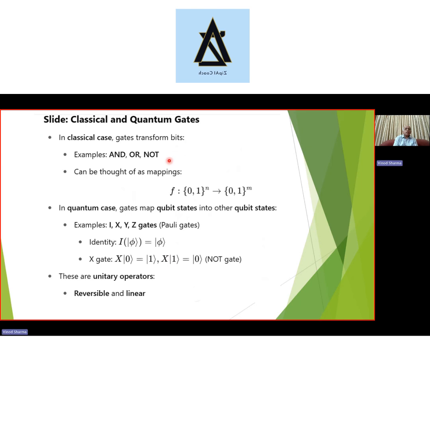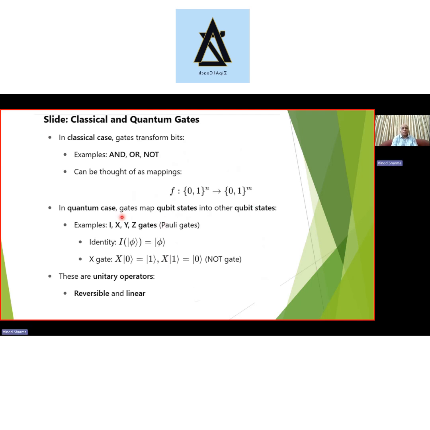You can take an input of 2 or more bits and the output of AND will be 1 bit. So it transforms bits to bits. You can think of these, as well as their combinations forming digital circuits, as mappings F from {0,1} to the power n to {0,1} to the power m, where n and m are non-negative integers.